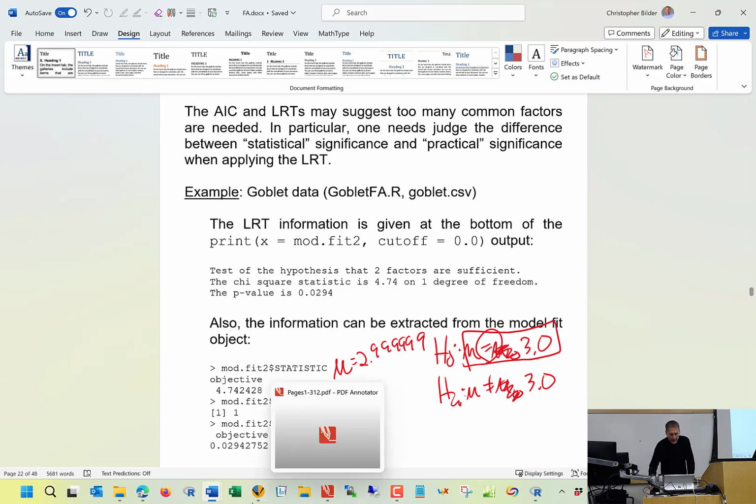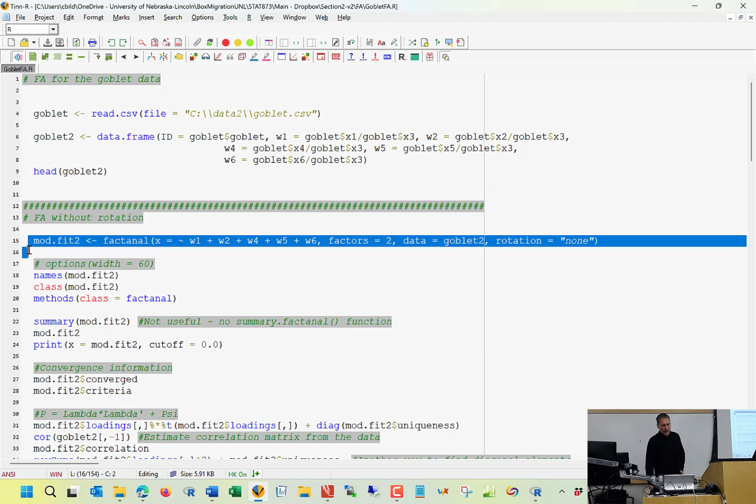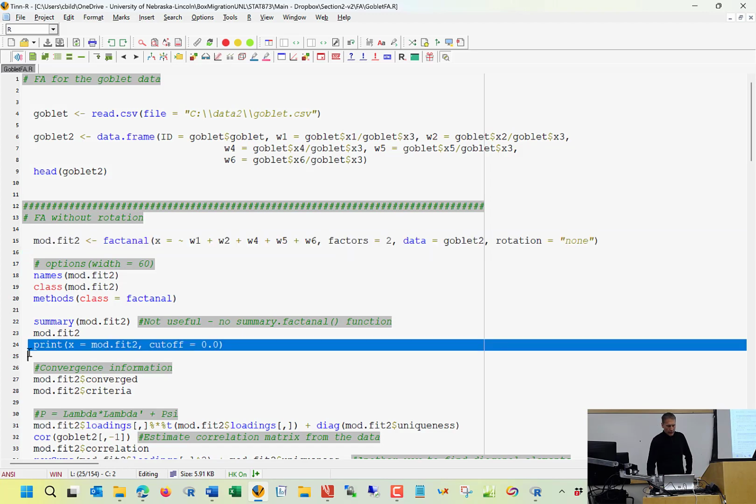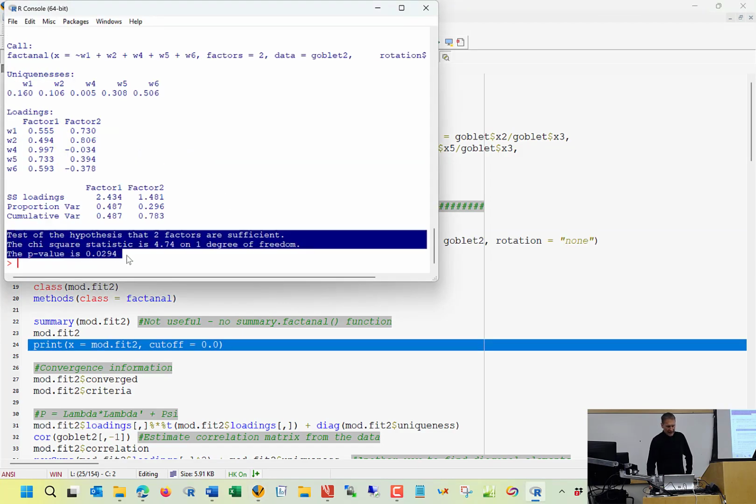Okay, so let's now apply this to the Gallup data. So again, I can use factanal to estimate the factor analysis model. When I use the print function with the corresponding results, at the very end of the output is where I get the information about the likelihood ratio test. And so notice R says, test of the hypothesis that two factors are sufficient. That's H0.